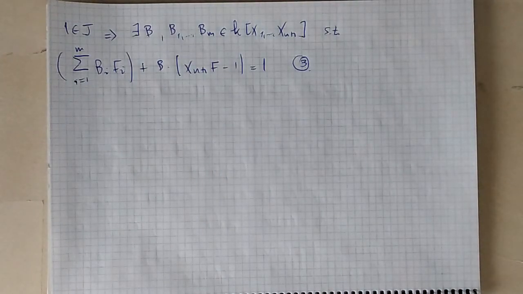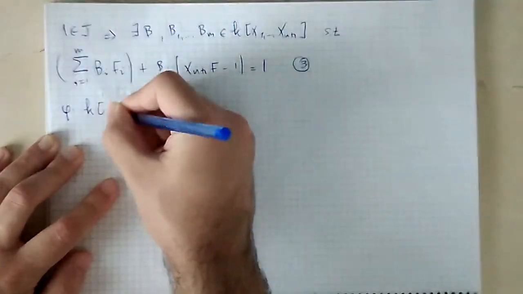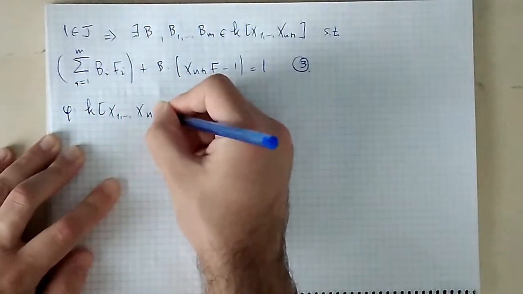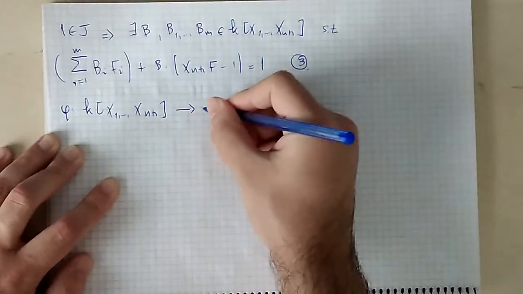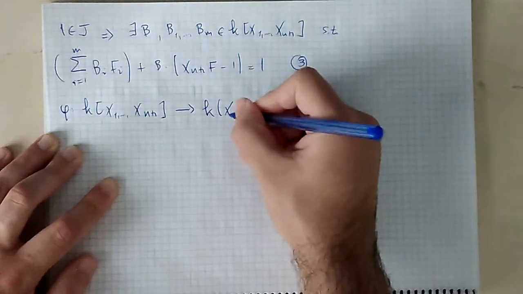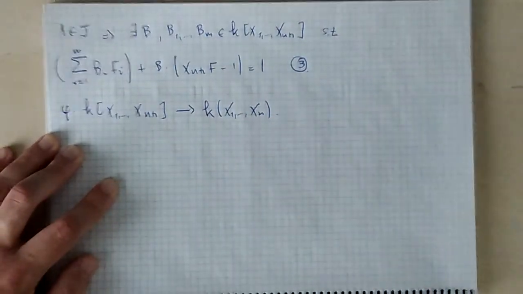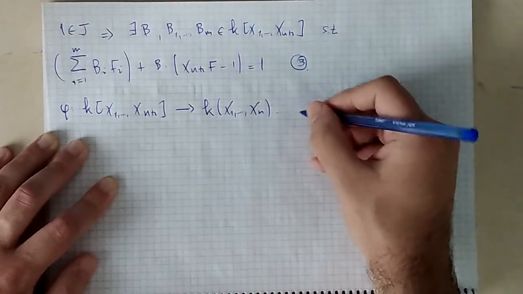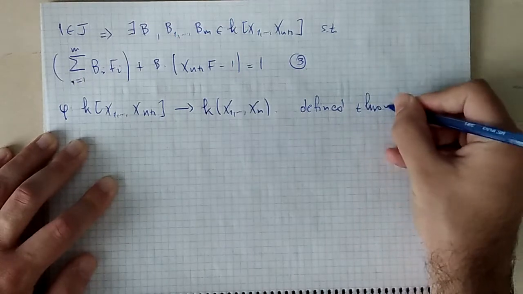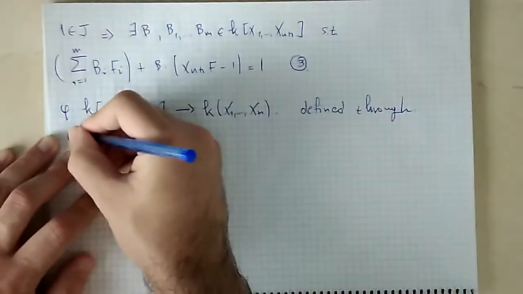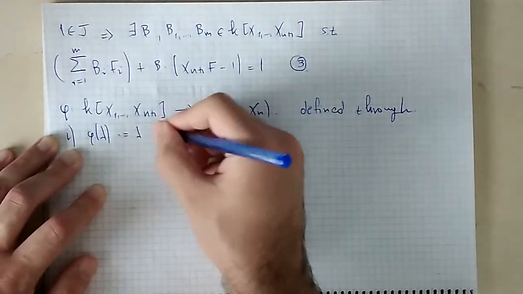So let's define a ring homomorphism. I'm going to call it phi, and this is going to be a homomorphism going from the polynomial ring in n+1 variables to the function field of the polynomial ring in n variables, right? First of all, I'm sending all the constant polynomials to themselves.